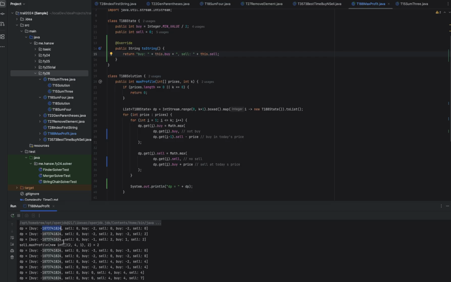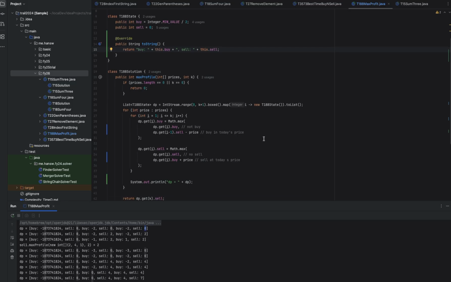When buying, it is by default the minimum, but the sell is by default 0. When the 2 comes, the buy changes to -2 and -2. And when it becomes -2 and -2, the sell starts to change: it is 0, no sell for the first and no sell for the second.